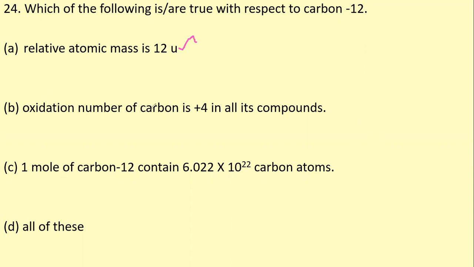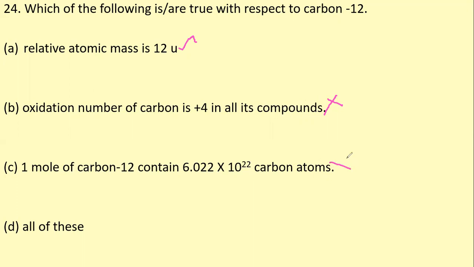The oxidation number of carbon is +4 in all its compounds. That is not true. The oxidation state varies depending on the atoms or groups attached to it. It is not always the same. Then, 1 mole of carbon 12 contains 6.022 into 10 to the power 22.